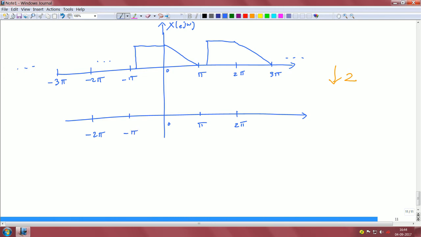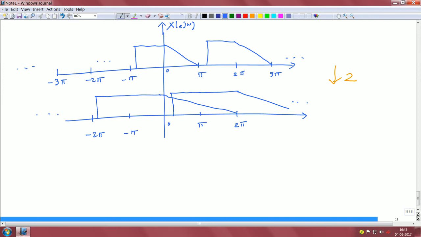That means I have to now stretch this thing out: from pi, it moves to 2 pi, this point moves somewhere here, right, and then similarly you will have one more copy of this signal like this, and since it is periodic, you can think about these stretched versions on either side of the origin, right.